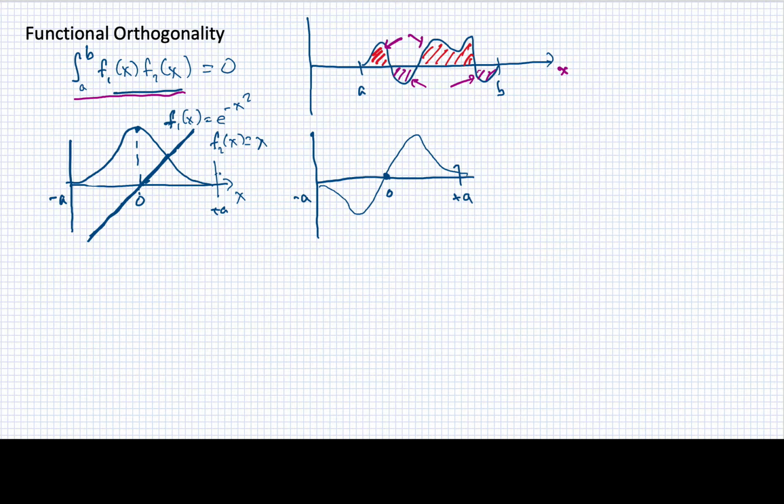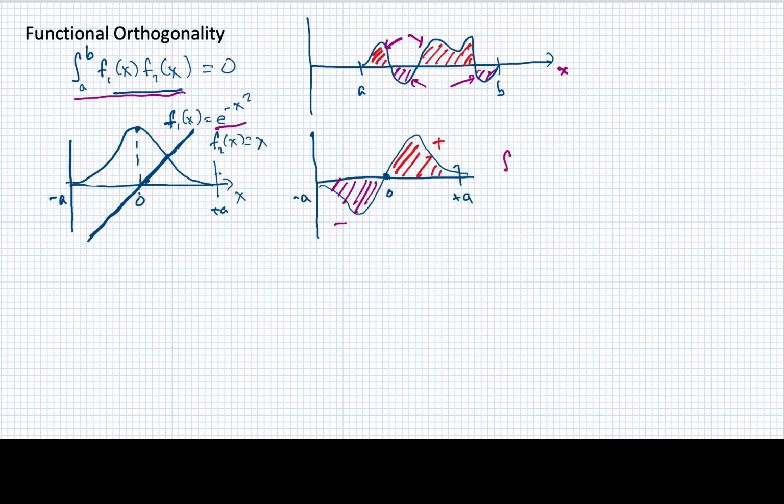Now if I look at this and just visually scan it, I've got an area up here that's going to contribute a positive amount to the area, and I've got an area down here that's going to contribute a negative amount to the area. And I don't know if it's obvious to you, but because of the symmetry of this Gaussian function, this e to the minus x squared function, it turns out that these two areas are in fact equal.